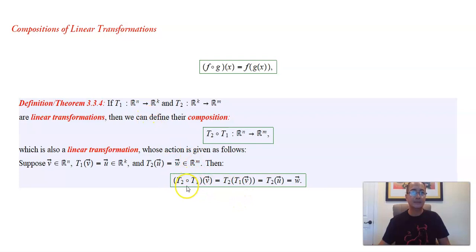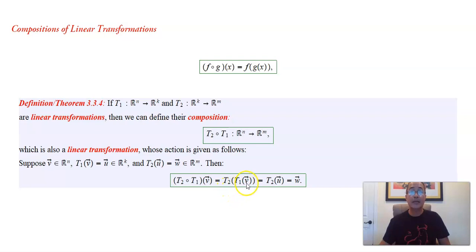So let's go down to the bottom here. We will define t2 compose t1. Okay, so it's like f compose g. So what are we going to do? We will take t1 of v, and we will input that into t2. Okay, so how is this going to work?